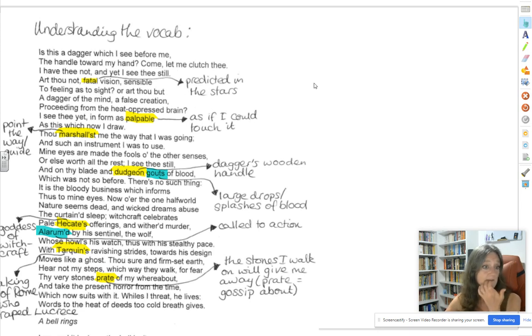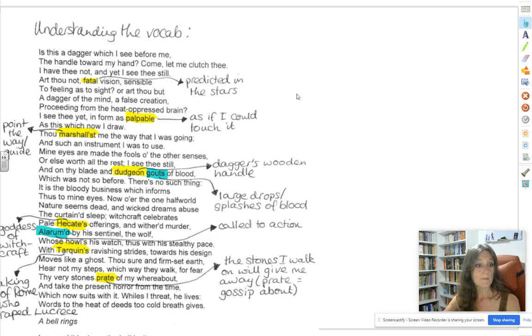Now, fatal normally means deadly. Here, I guess it does mean deadly because he is talking about going to kill King Duncan. But actually what it means is it's a vision which has been sent to him by the fates. So remember, Shakespeare's audience, the Jacobeans, really believed in the wheel of fate, like the wheel of fortune, that everything that happened to you in life was predicted in the stars.